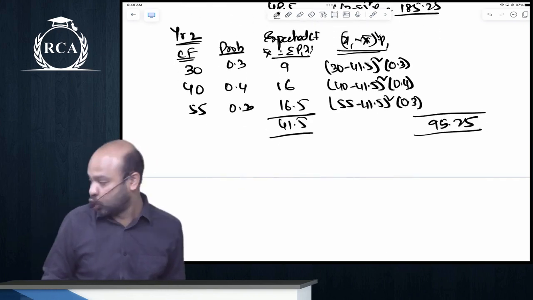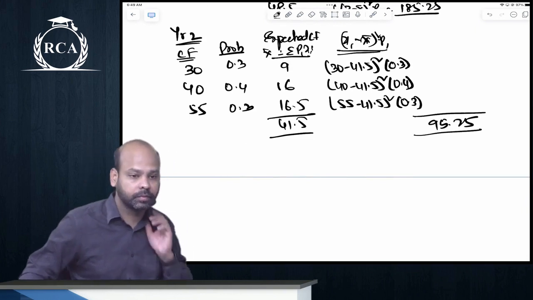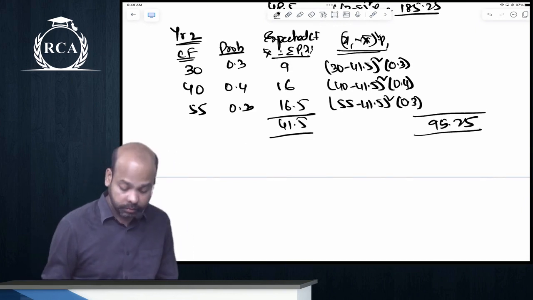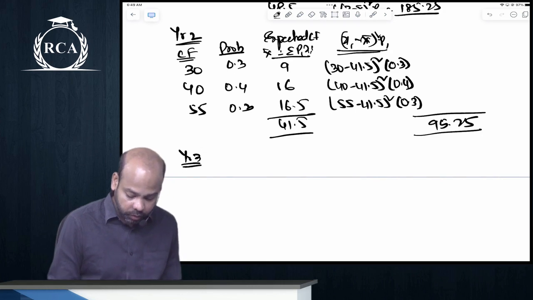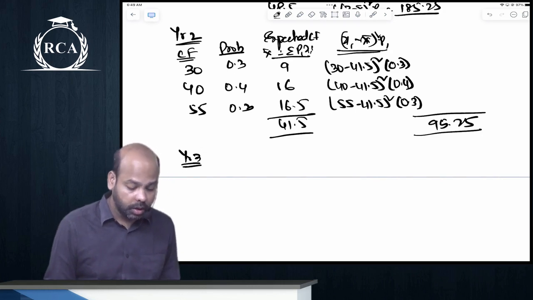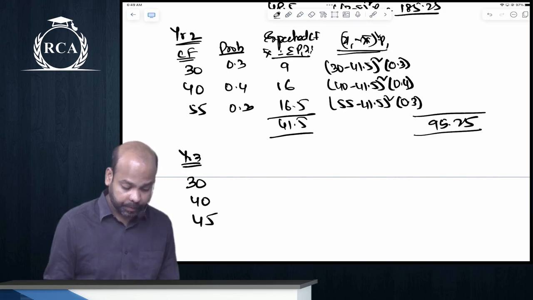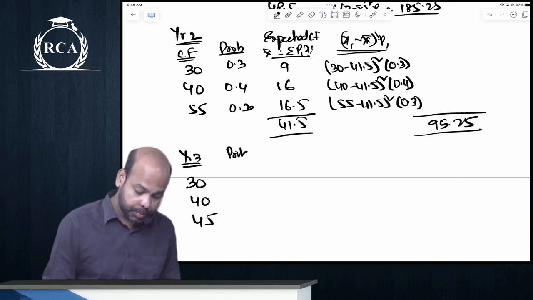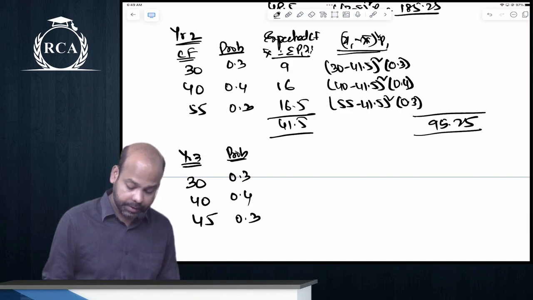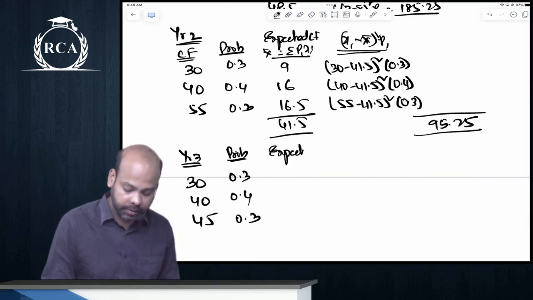This is for year 2 beta variance. Year 3 guys, cash flows are how much beta? 30, 40 and 45. Probability beta is 0.3, 0.4, 0.3. Expected cash flow guys. X bar is equal to summation pi xi guys.